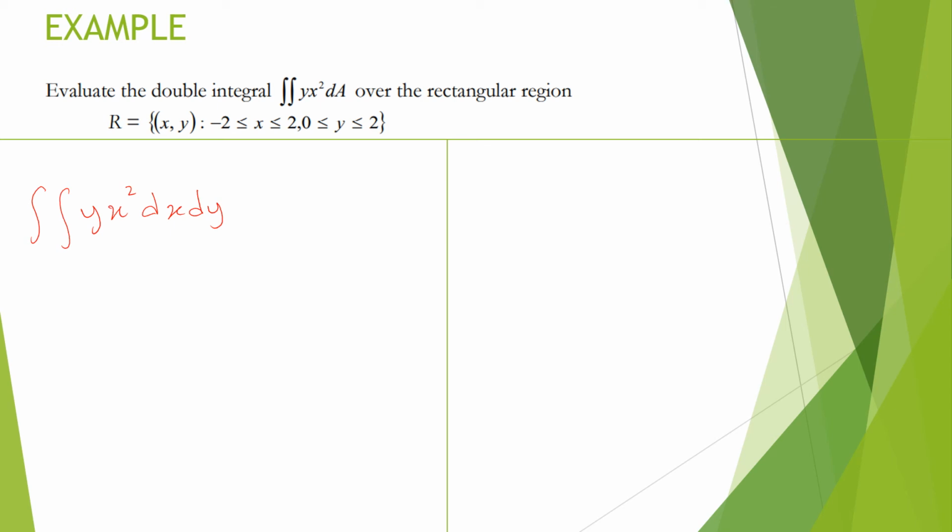For the limits, the x value should be on the first integral here. x goes from -2 to 2, y from 0 to 2.